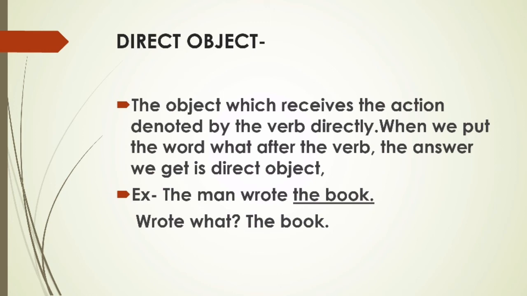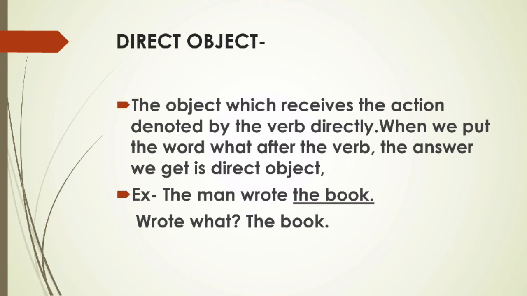Let's take one example. The man wrote the book. Wrote is the verb here. So if we put the word what after the verb, what do we get? Just see, in this sentence, the verb is wrote, and we just put what after wrote. So wrote what? क्या लिखा? So what answer do we get?